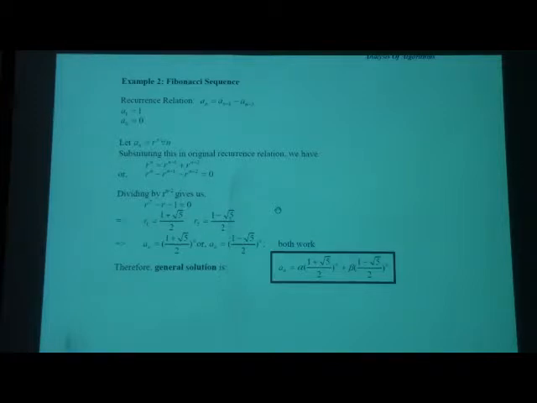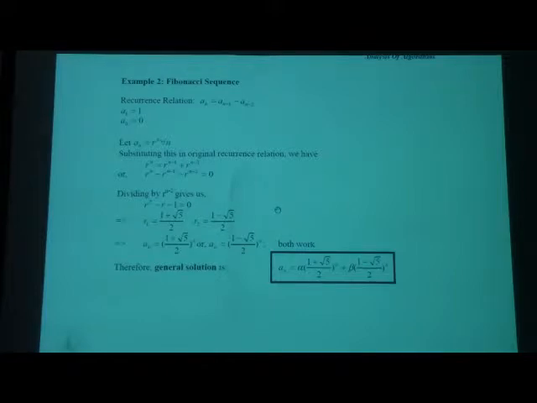Now, if we look at the substitution technique that we use in these linear homogeneous recurrences, we're going to use the same substitution again. a_n will be r^n for all n values, right? So once we substitute, instead of a_n, we have r^n is equal to r^(n-1) plus r^(n-2).